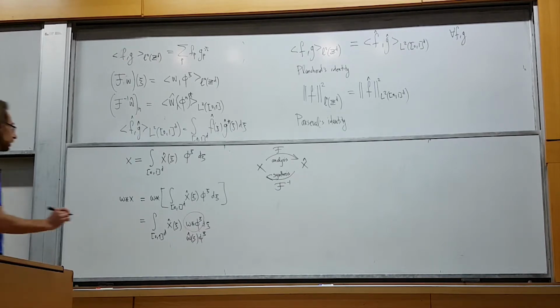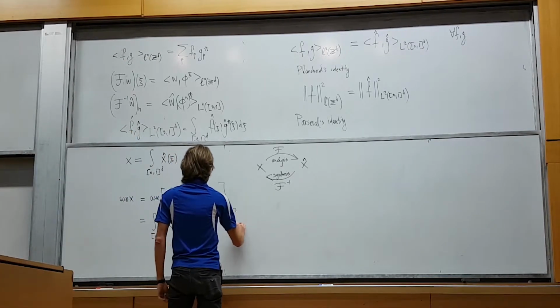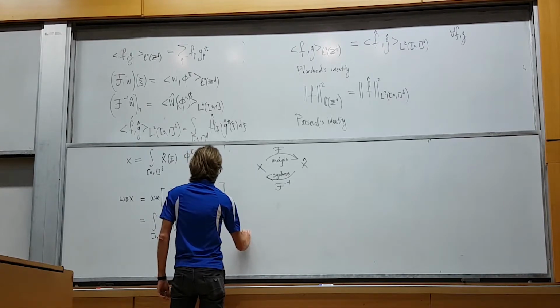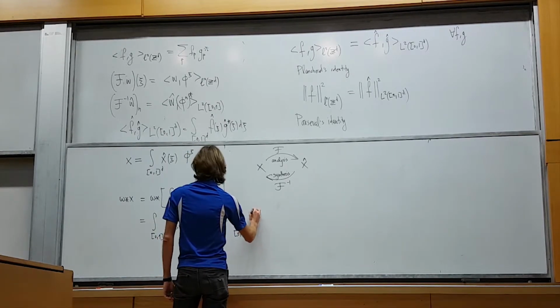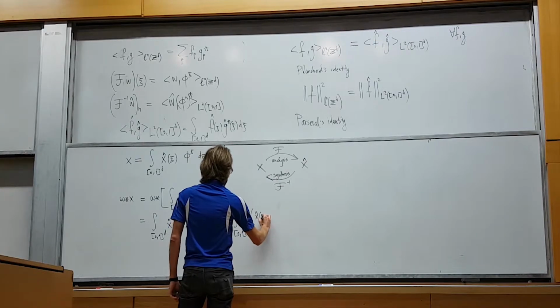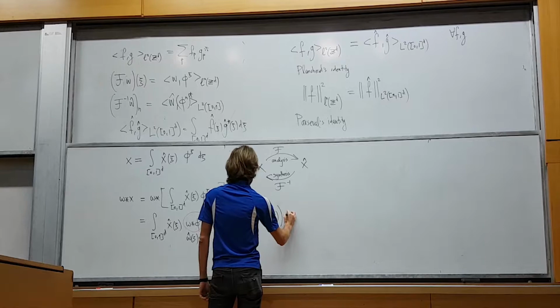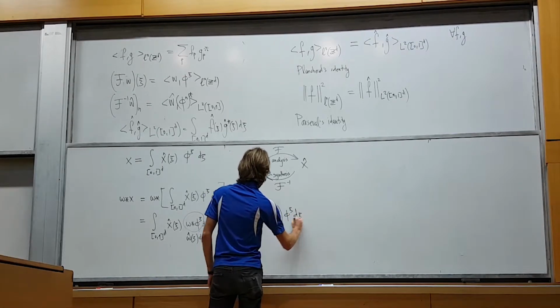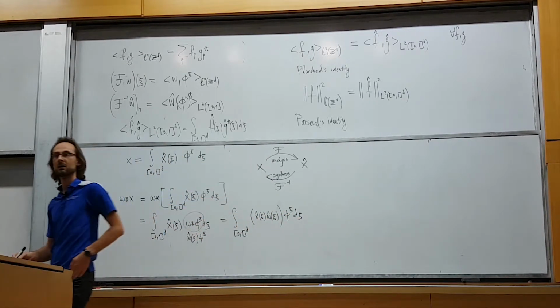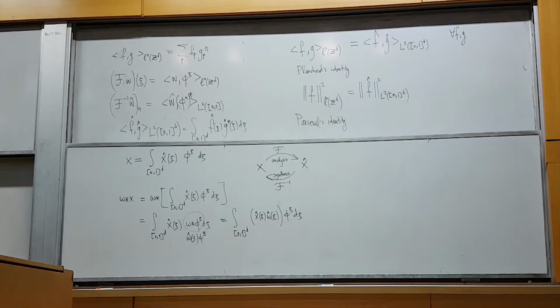Okay? So basically what I got is the integral from 0 to 1 of this quantity x hat psi times w hat psi times phi psi d psi. Now, what is this integral? It's the inverse transform, right? It's the inverse transform of what?